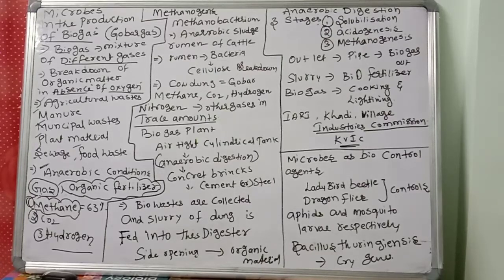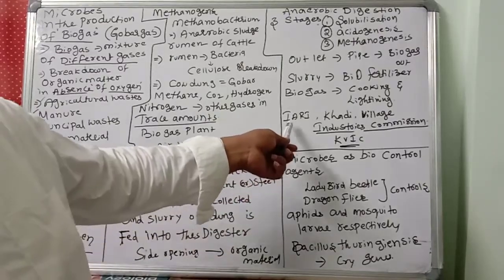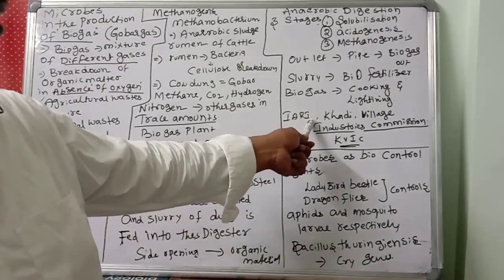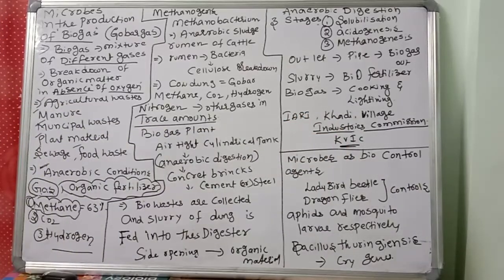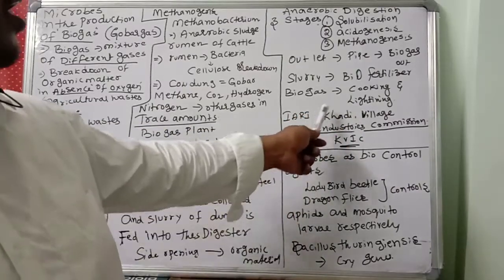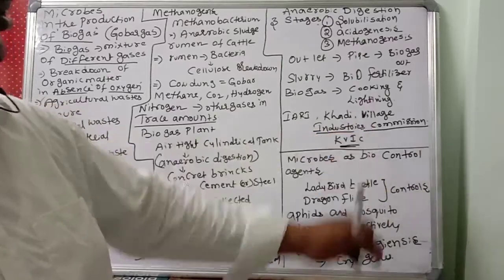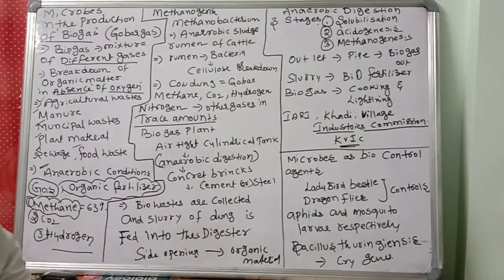This biogas plant technology was first introduced and encouraged among farmers by the Indian Agricultural Research Institute and the Khadi and Village Industries Commission. These two are very important and very useful.